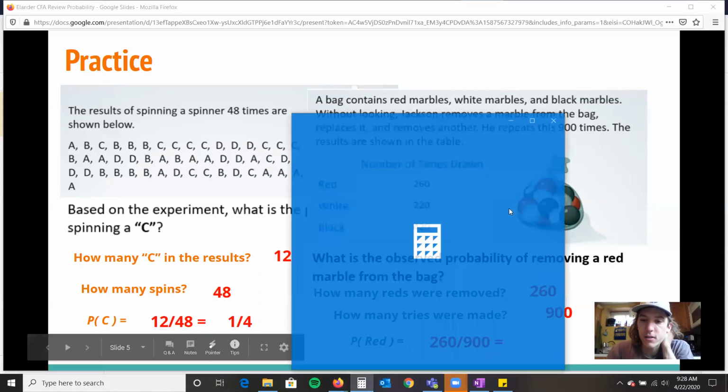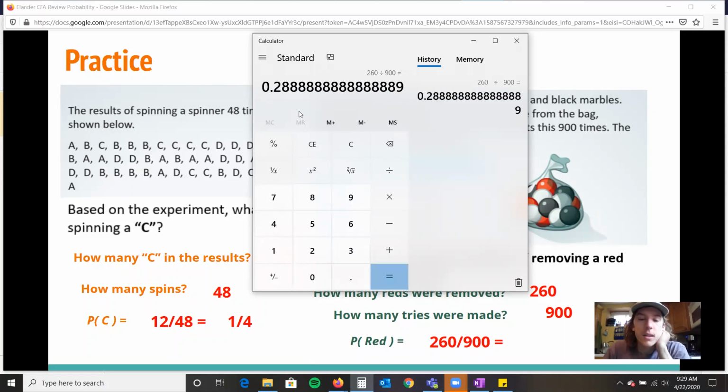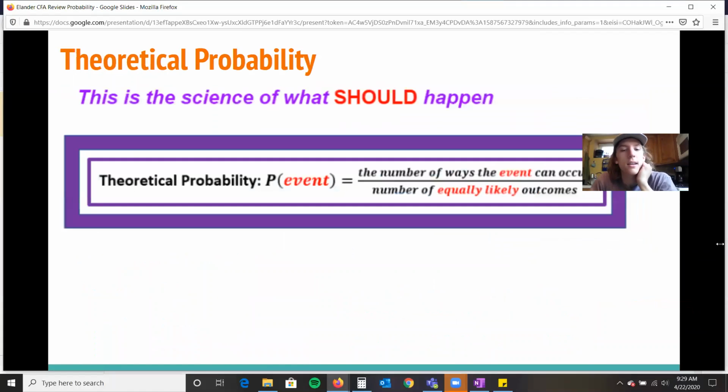So then we divide those two. 260 divided by 900 is approximately 28.8%. So we could round that up to 30, or so you guys said 29%, 25%. But if it's 0.28888, that's about 28.8%. The closest thing to round to would probably be 29 if we were going to the nearest percent. All right, good job, guys.